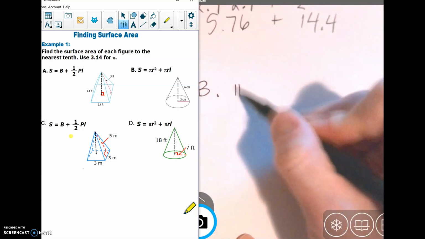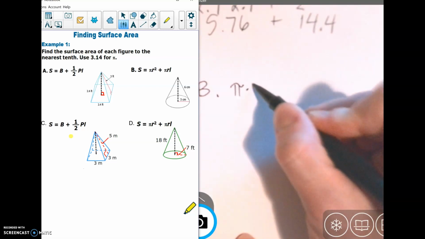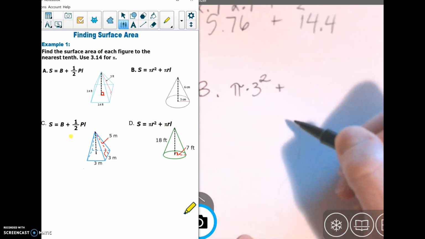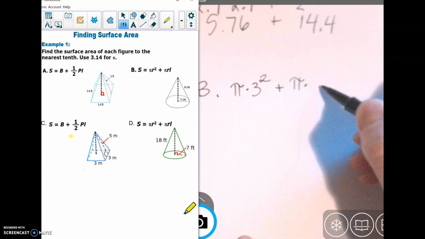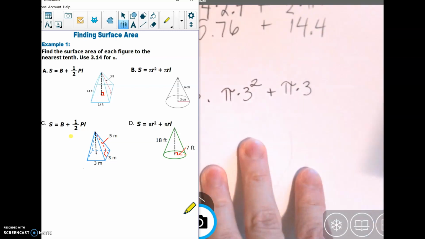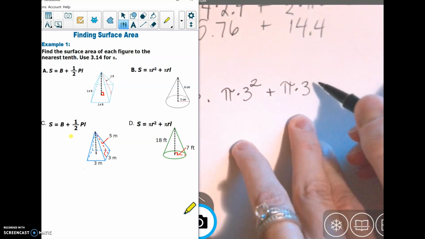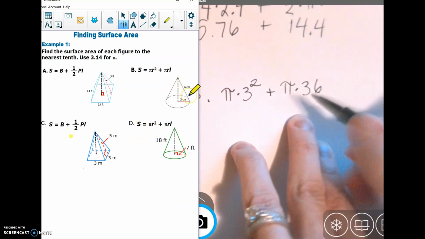So it's pi times the radius, which is 3, squared, that's the area of the base, plus pi times the radius, which is 3, times the slant height, which is 6. It's this number right here. It's the slant height.